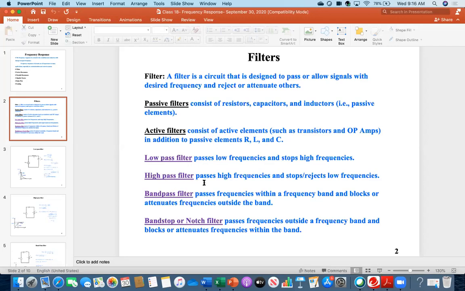A high pass filter allows high frequencies, but stops or rejects low frequencies. Band pass passes frequencies within a frequency band and blocks or attenuates frequencies outside that band. And a band stop or notch filter passes frequencies outside a frequency band and blocks or attenuates frequencies within the band.